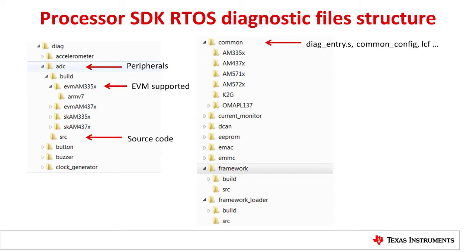It also has some common configurations and the linker command file. The Framework loader folder is to load the framework. The Framework folder is to pass the test cases, run, and print test status. This folder's files also do the board setup.